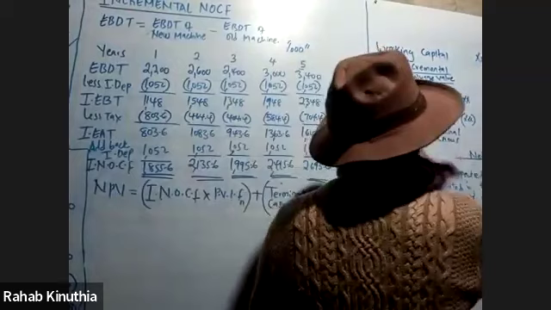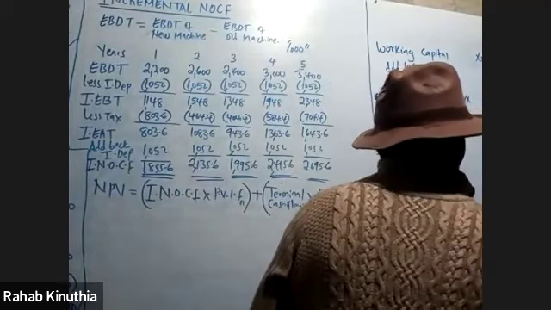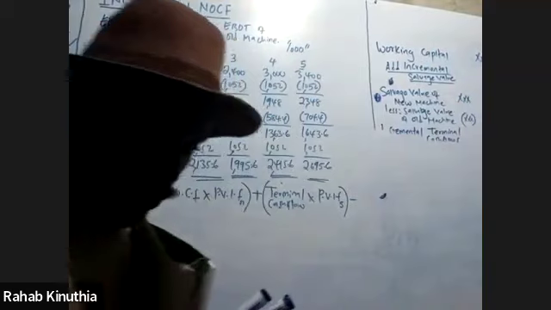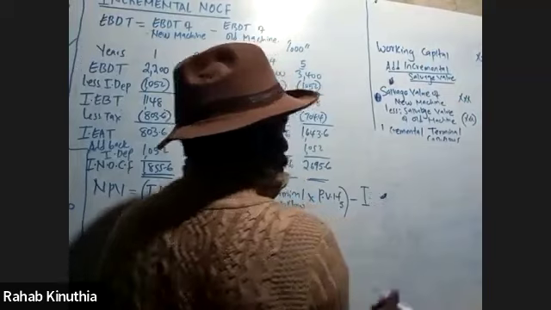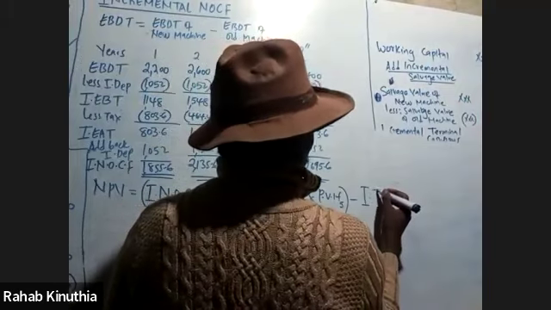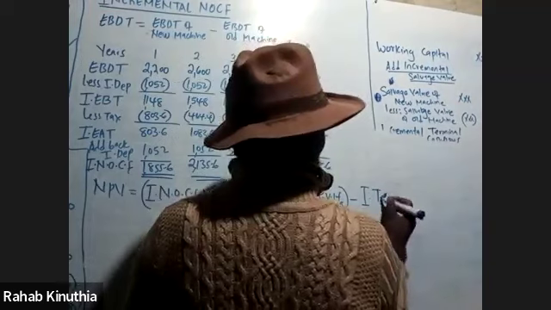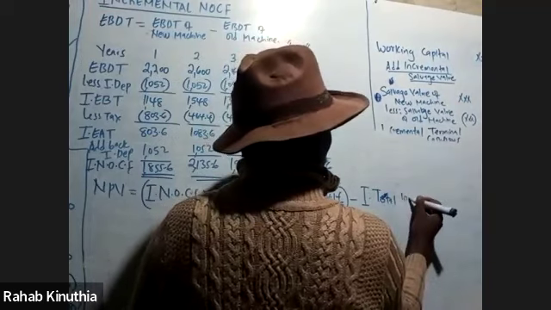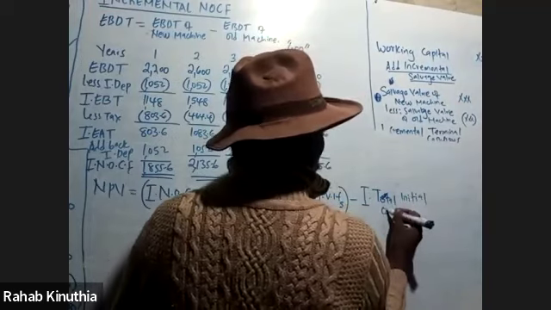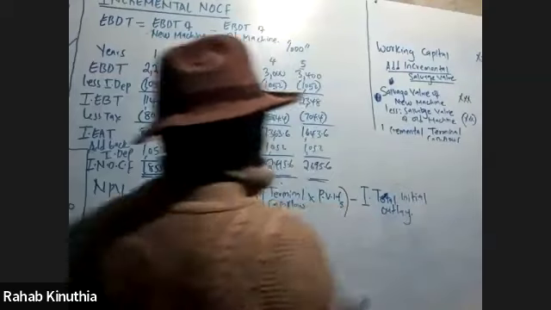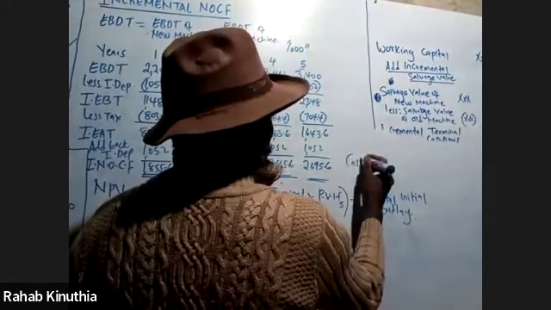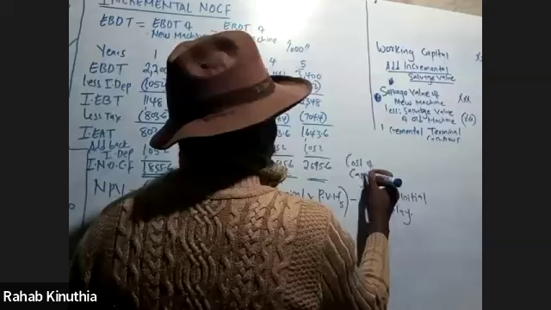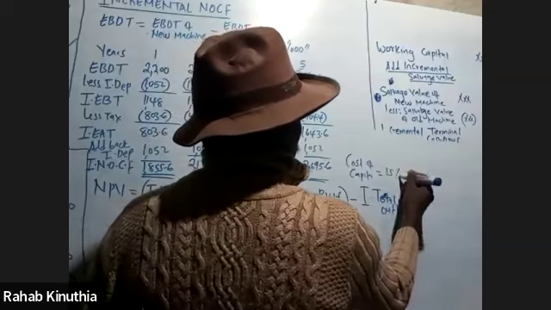So with that, we have finished. Cost of capital was how much according to the question? It was 15%.